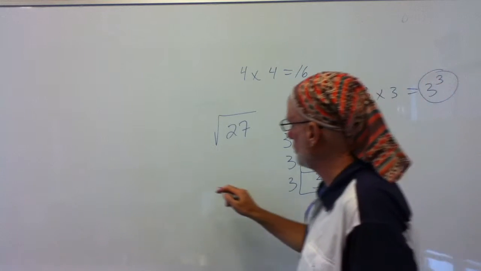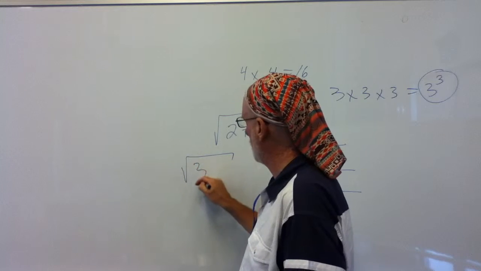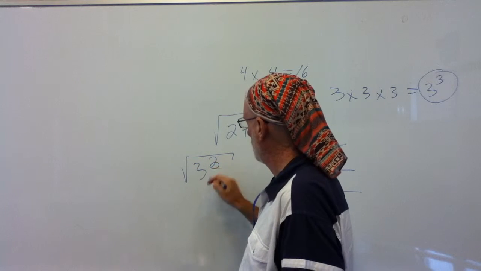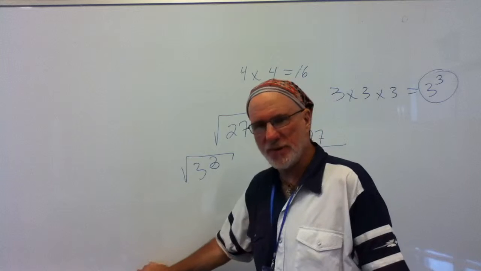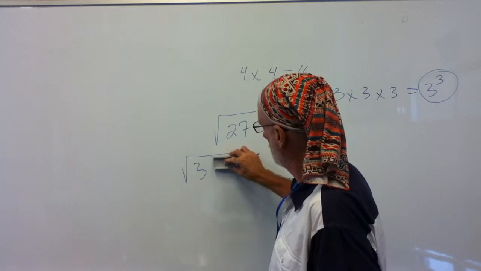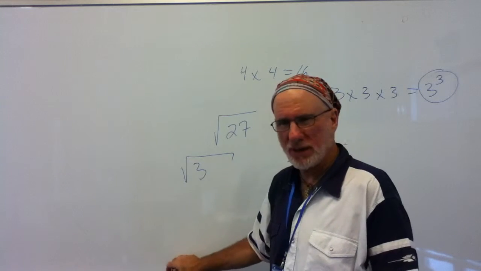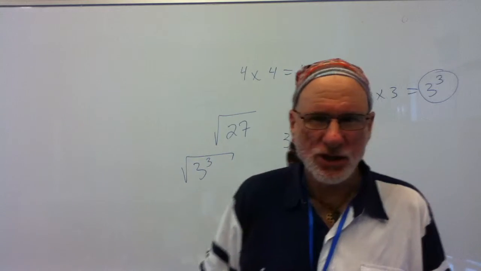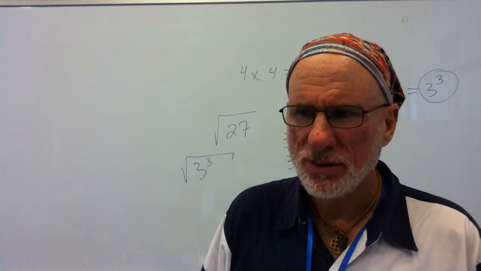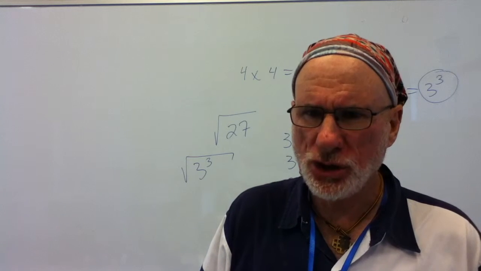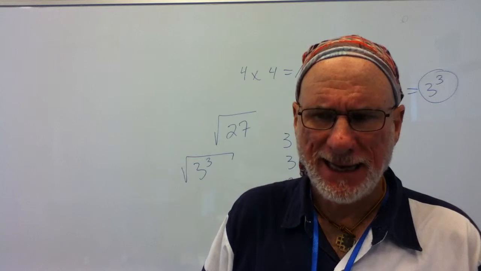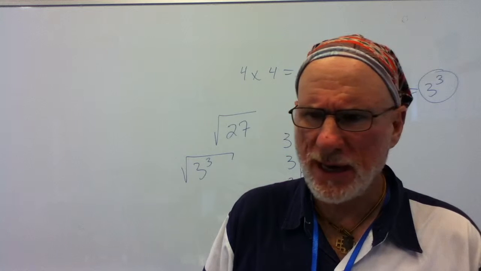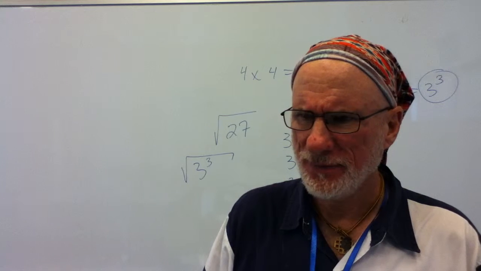So then what you do is you rewrite that as 3 cubed. Let me write that a little bit nicer. I was about ready to write a 2, but I wrote 3 because my brain is thinking too fast. So, can you write 3 cubed as 3 squared times something?